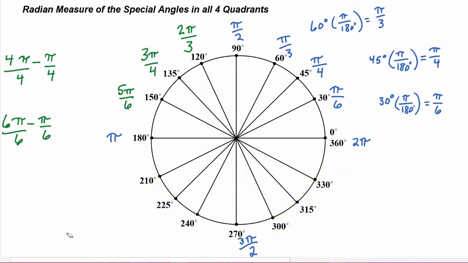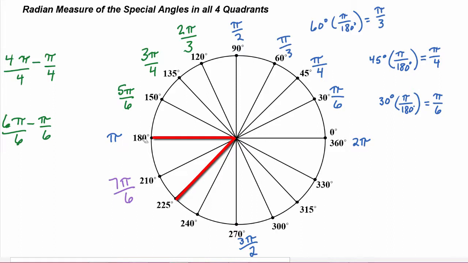Okay, now thinking in terms of the reference angles, we know that 210 is going to be equivalent to starting at pi and going over by a reference angle of pi over 6. So pi plus pi over 6 is going to be 7 pi over 6. At 225, that's going to be equivalent to starting at pi and doing a reference angle of pi over 4.